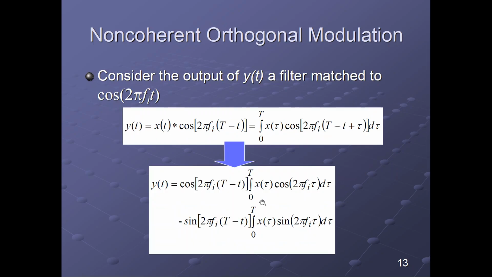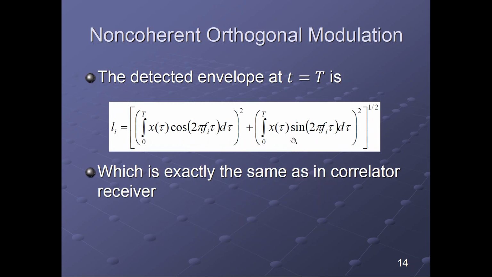And you find out that the envelope of this value, this is the result of the convolution, is equal to this, which is exactly the same as the correlator receiver. Yes, this value, this square, here there is no square root, it's to the power 1 over 2. 1 over 2 is equal to square root, yes?